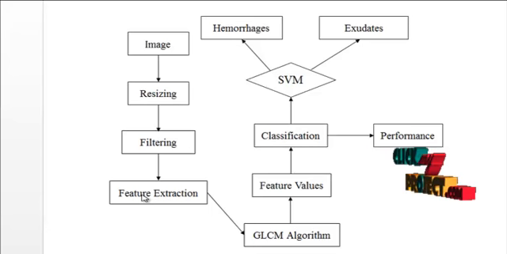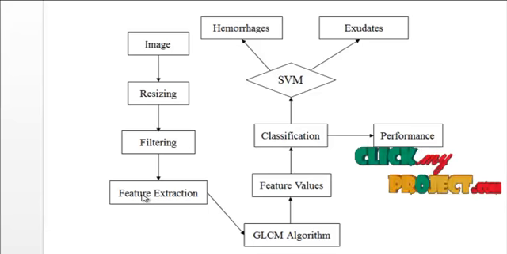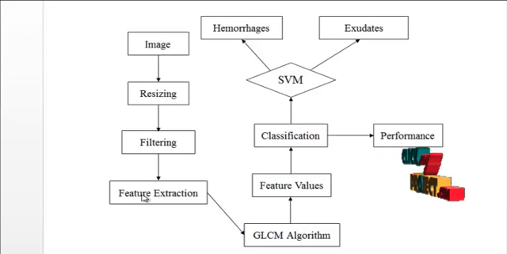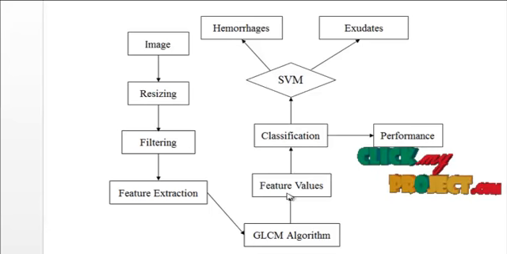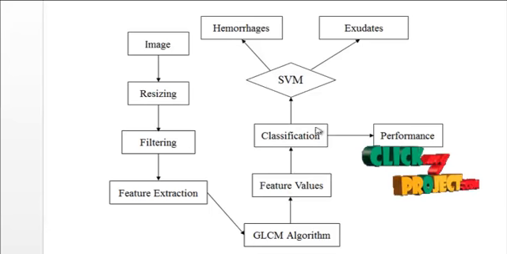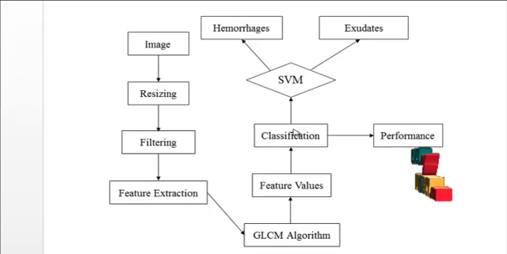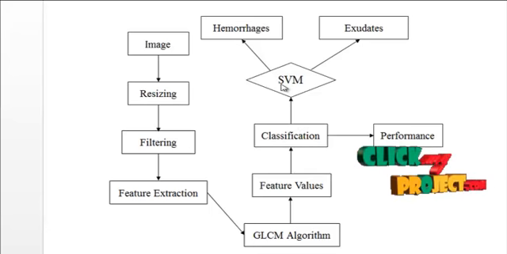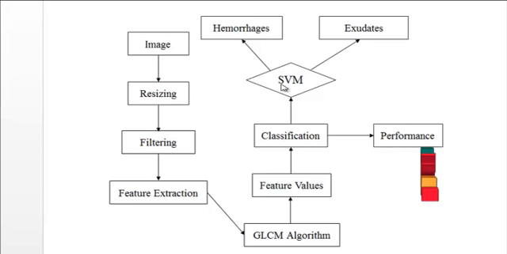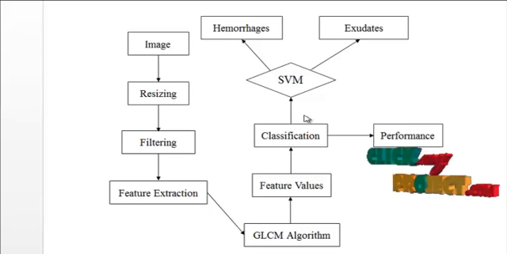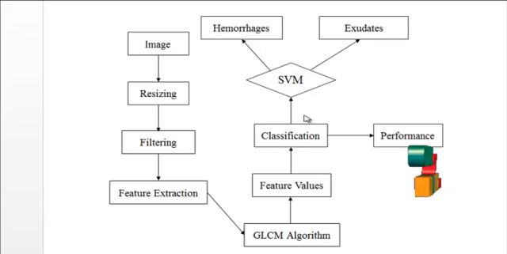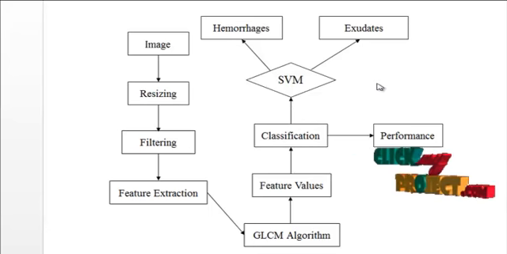The extracted features depict the texture-based information from the images. The extracted feature values are then passed as input to the classification methodology. For classification we are employing support vector machine classification, in which the feature vectors are classified as hemorrhages, exudates, or normal.